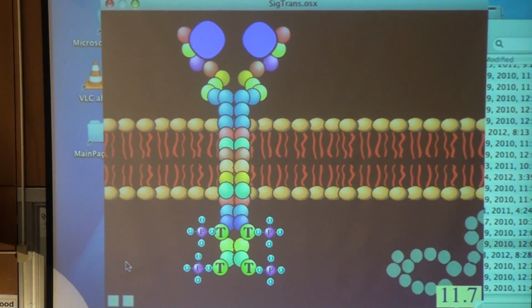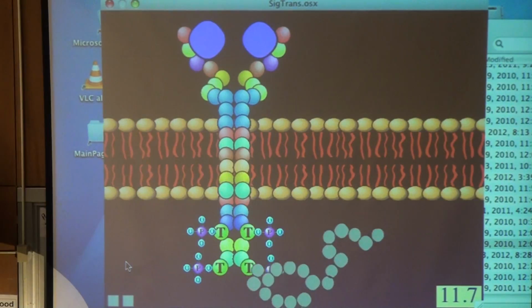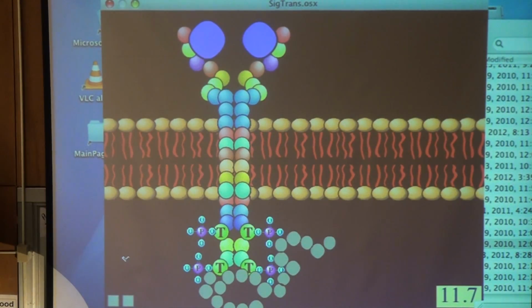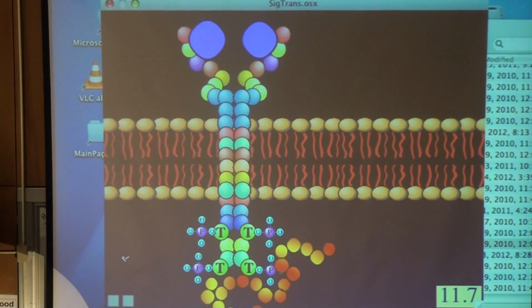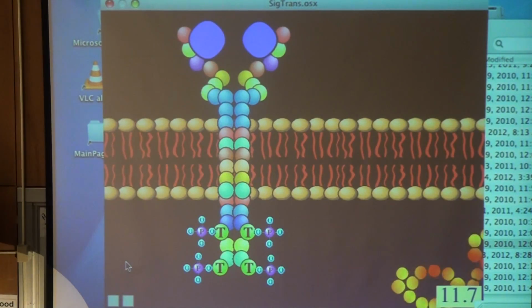In other words, relay protein number 1 is going to come along, contact those phosphates, and that's going to cause a change in the shape of relay protein number 1. So it now becomes an activated relay protein. And so now it's going to go off and activate relay protein number 2, which will activate relay protein number 3, which will activate relay protein number 4, until we finally get to the cellular response protein.